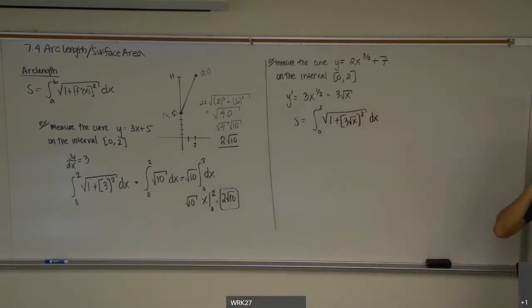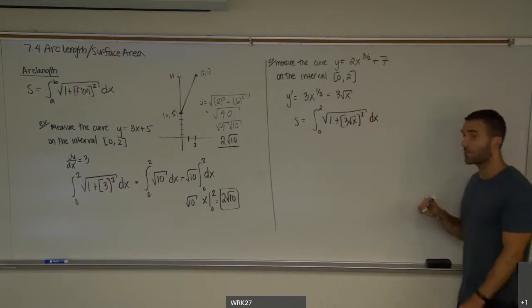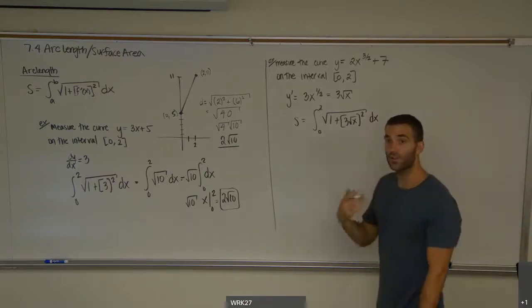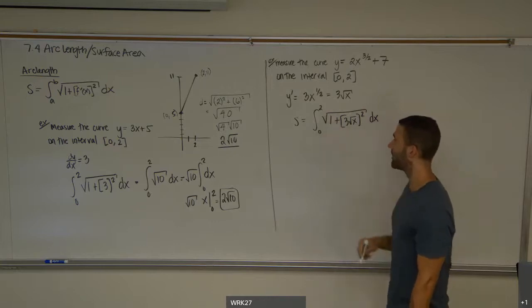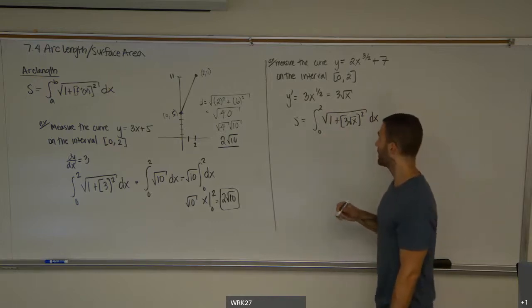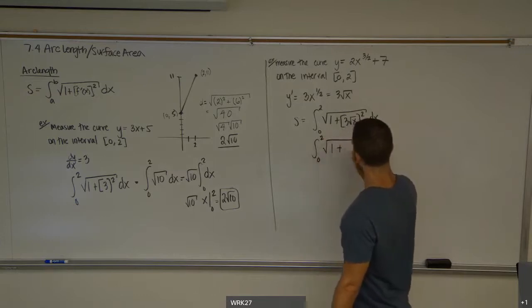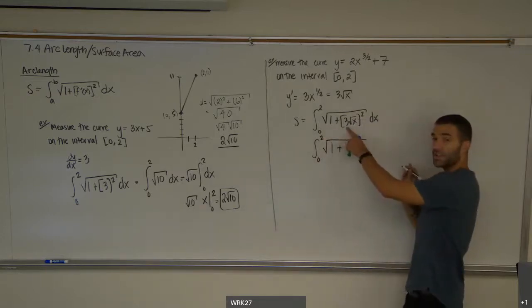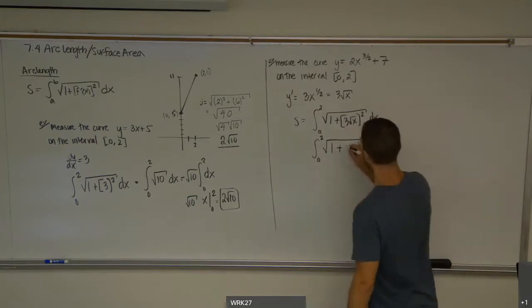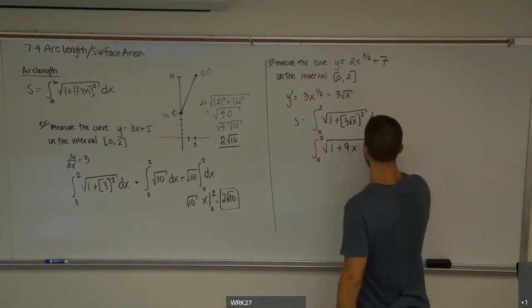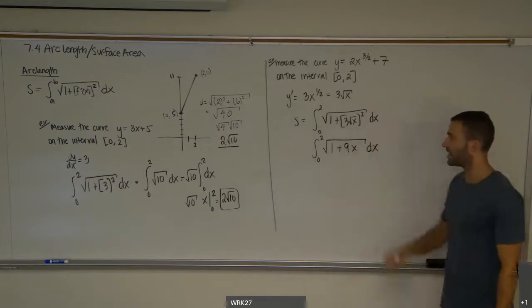And although the derivative had a square root in it, it's great for the arclength formula because now I'm squaring a square root, so it just becomes x, or positive on 0 to 2. And so we get the definite integral from 0 to 2, square root of 1 plus, now of course don't forget the 3 needs to be squared as well, 1 plus 9x dx. We need to square the entire derivative.